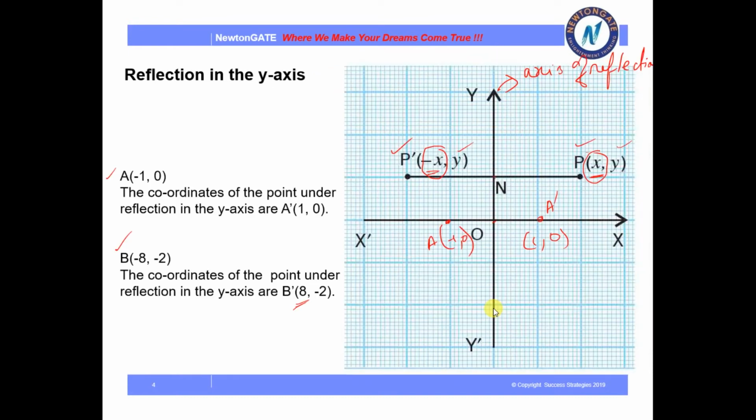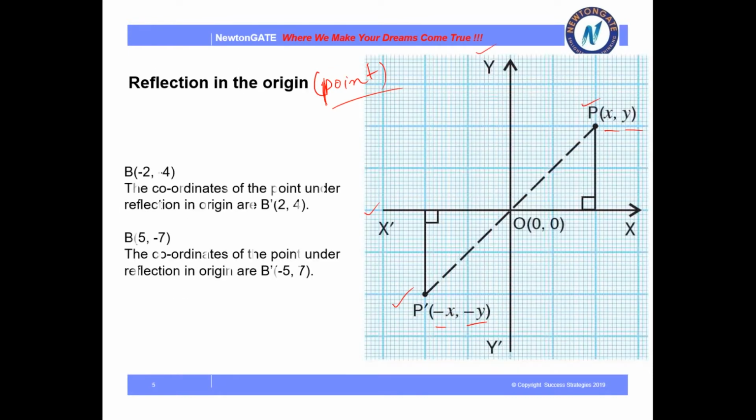So let's see an example. Let's say we have the point minus 2 comma minus 4. If the origin is the midpoint, then what do we know?